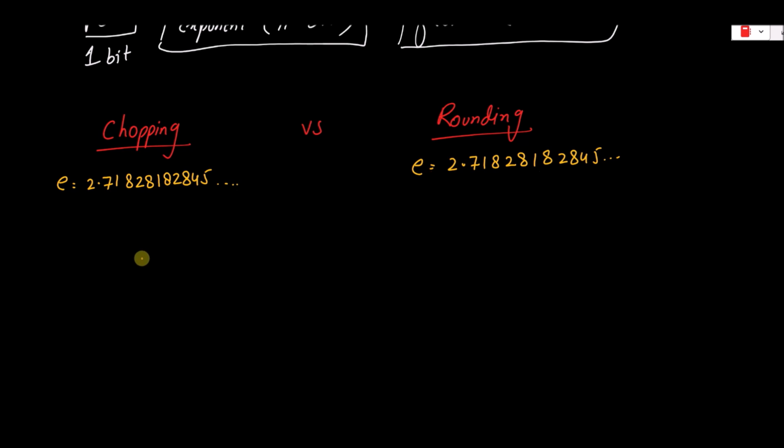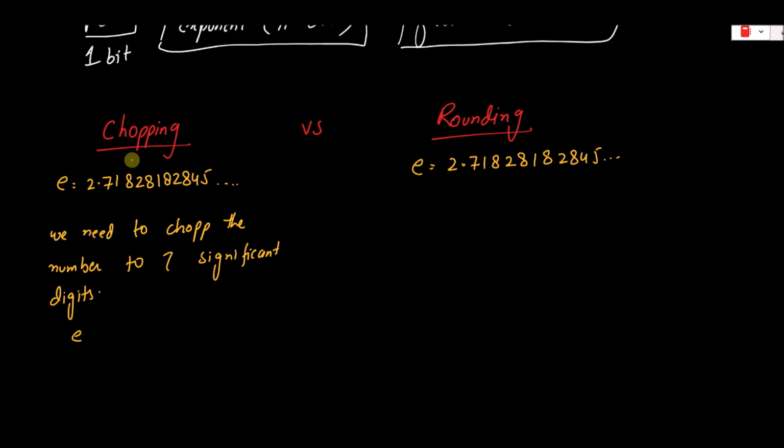Now, in order to understand the difference between these two, we need to chop the number to 7 significant digits. So for chopping, we avoid the rounding. We directly chop the number so that we have 7 digits. That should be 1, 2, 3, 4, 5, 6, 7. So we just chop it.